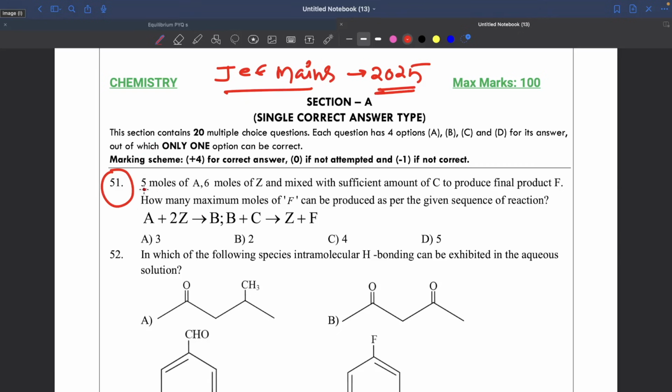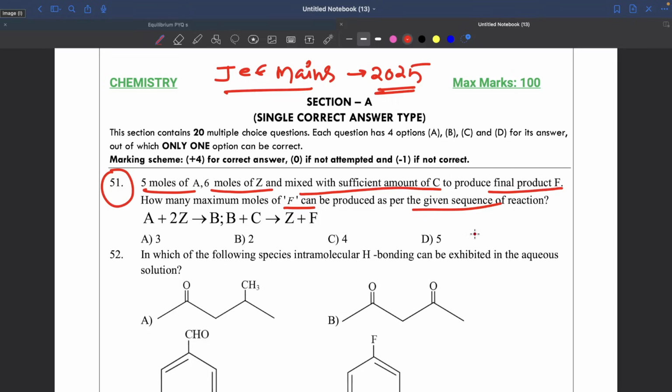5 moles of A reacts with 6 moles of Z and is mixed with a sufficient amount of C to produce final product F. How many moles of F can be produced as per the given sequence of reactions? The sequence of reactions is given here, we just have to figure out the limiting reagent, then we will get the answer.